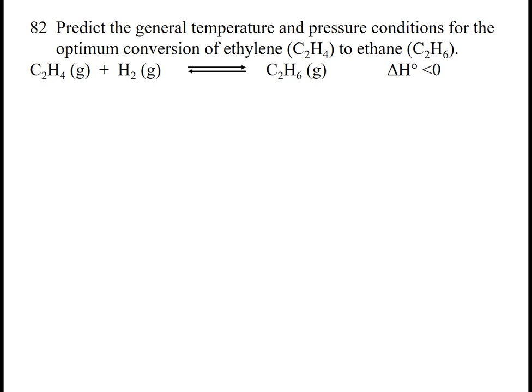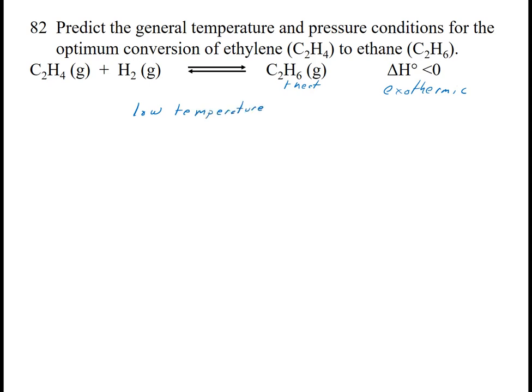Well, if it's less than 0, it has to be negative, so therefore it's exothermic. So that means that my heat is a product. So do I want to add heat or remove heat? I want to remove heat, so therefore it's going to be a low temperature. So that's part A of this question.